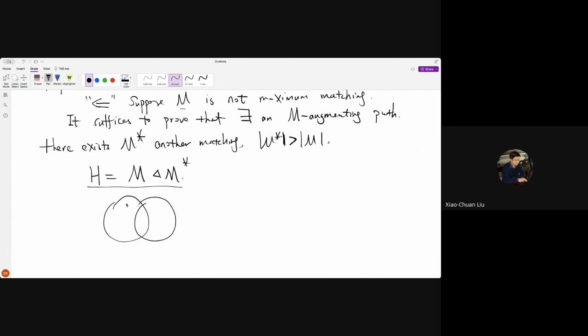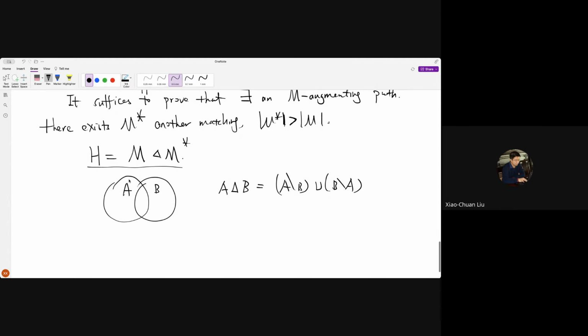If you have a set A and set B, the symmetric difference of A and B is A minus B union B minus A. It is the union of A and B, but you have to remove the intersection.